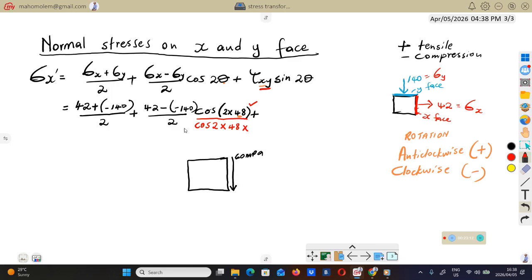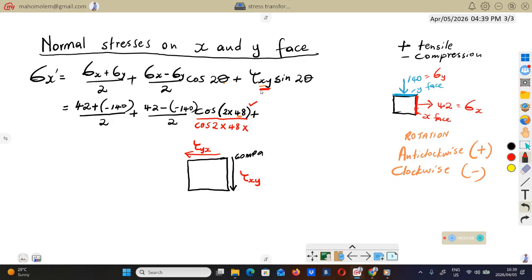Remember from the element, we have an arrow like this. This is the shear stress on the Y face. We write it like this. This is the shear stress on the Y face in the X direction. So this one is the shear stress on the X face in which direction? In the Y direction. Y meaning vertical direction.